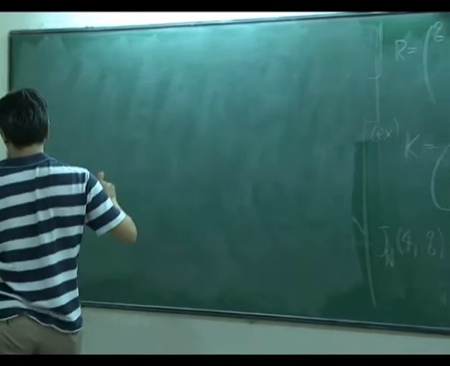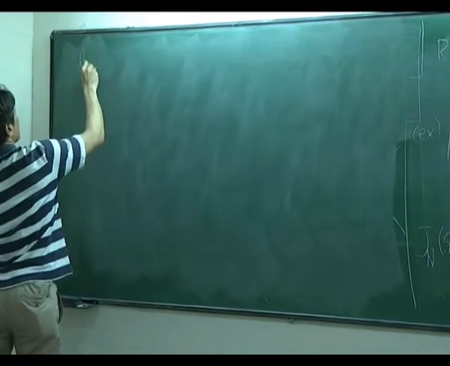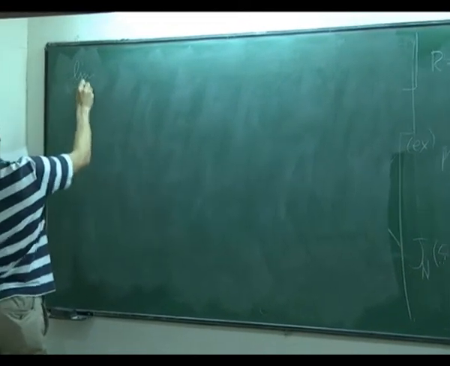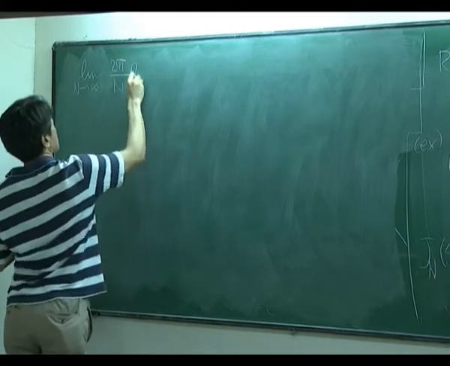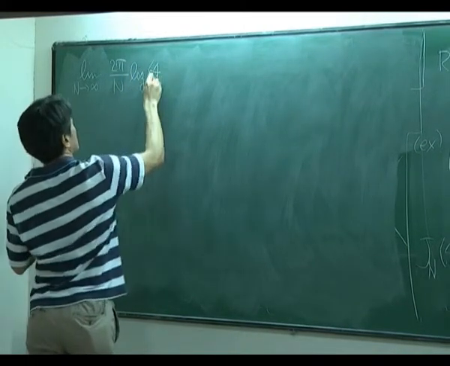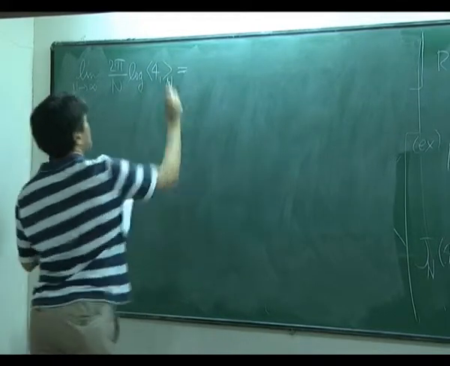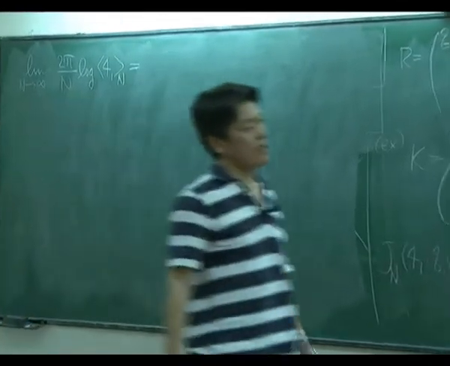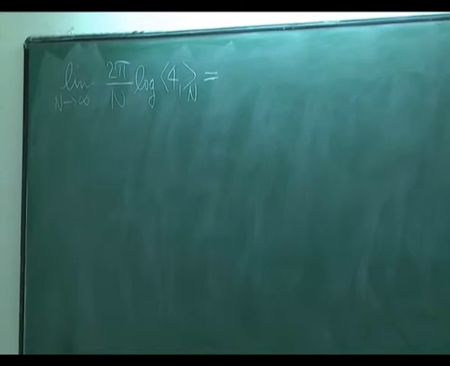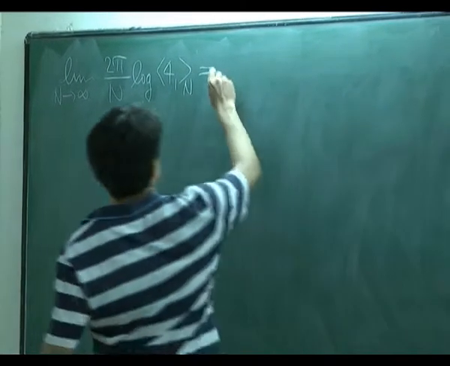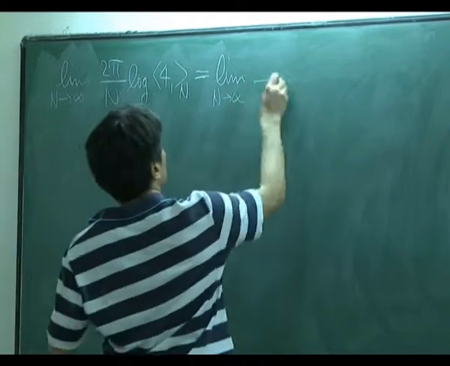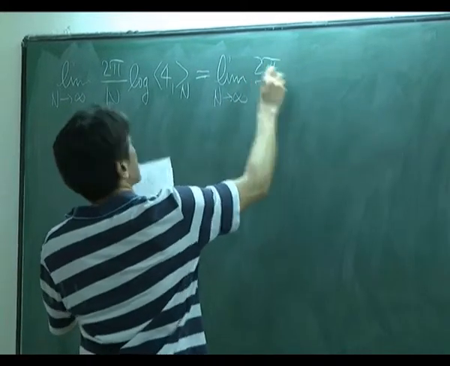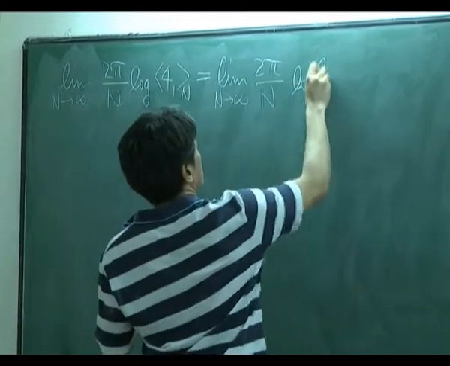By taking the large n limit, it is easy to see this one coincides with this limit.